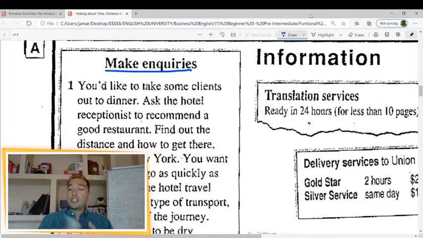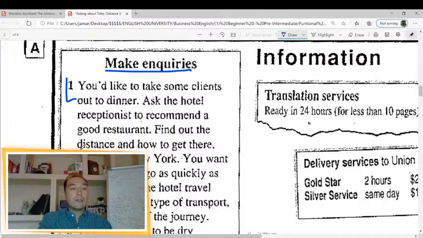Okay, situation number 1. Can you read our situation, please? You'd like to take some clients out to dinner? Ask the hotel receptionist to recommend a good restaurant. Find out their distance and how to get there. Thank you.